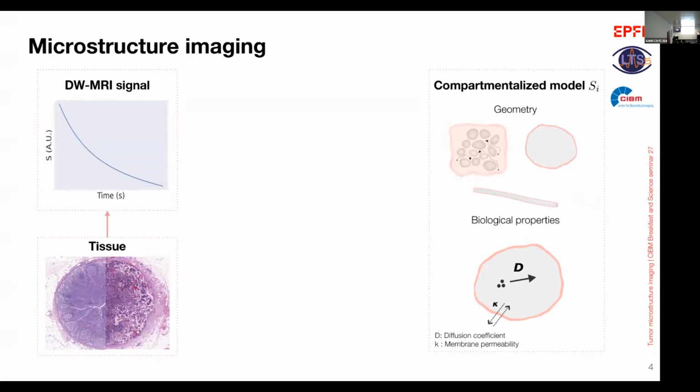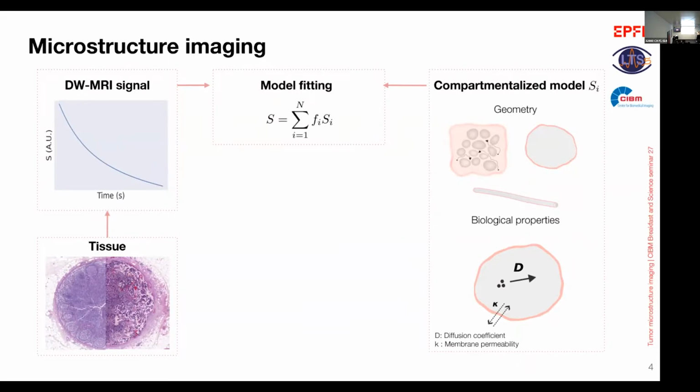And the goal of microstructure imaging is to find the best combination of these compartments to recreate the full signal that we acquire in the tissues. So this is basically an optimization problem.